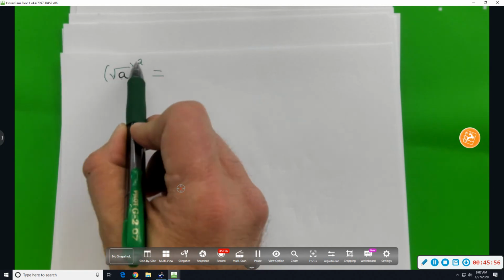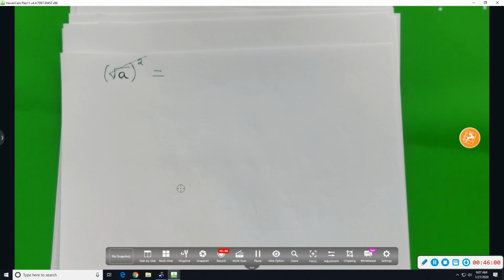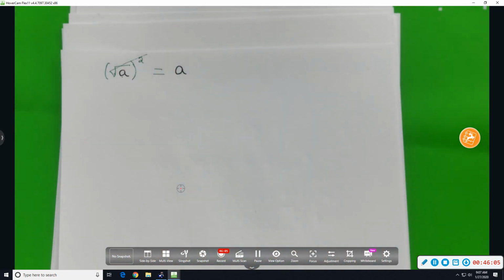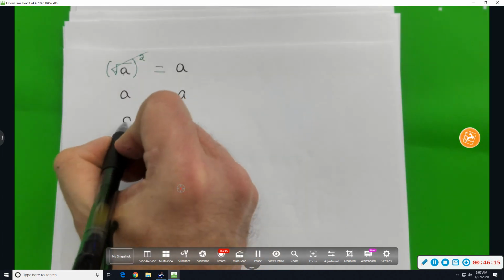A square root and a square cancel each other out. Well, just like square roots, we can have cube roots, fourth roots, fifth roots. So I'm going to extend this rule, and I'm going to do it the lazy person way.